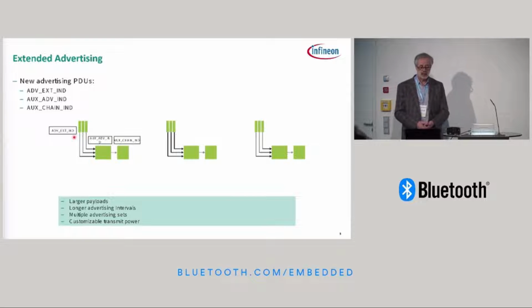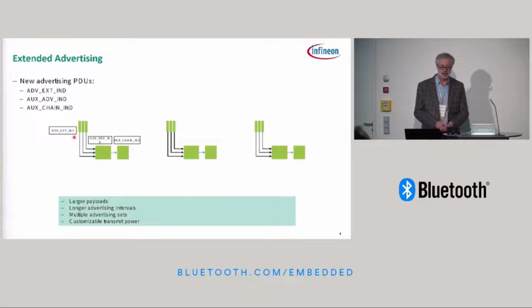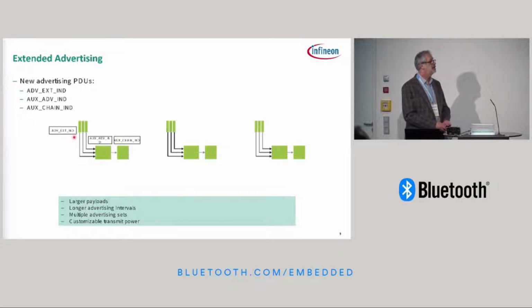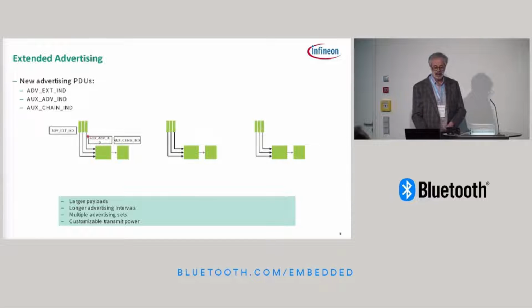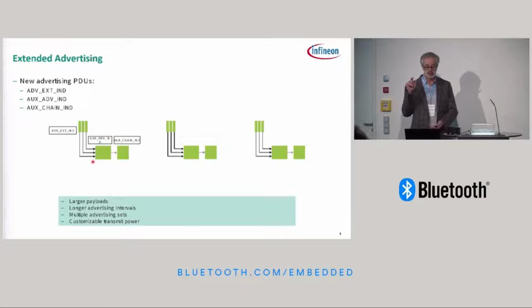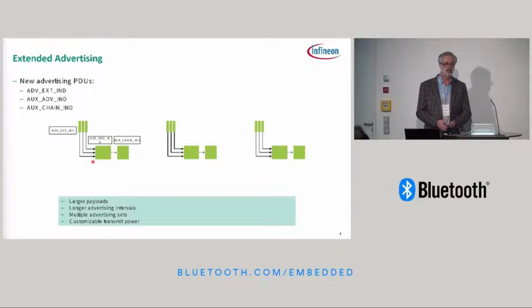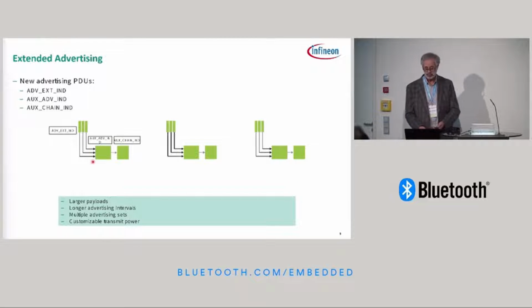Actually, the only information in the primary advertisements is the pointer to the data. And this pointer is the timing offset and the channel to listen to. There are 37 data channels, so the primary will say, go to channel 23 and get your data if you want to. All right, so that is extended advertisement.